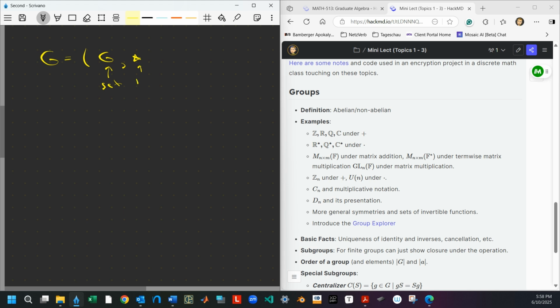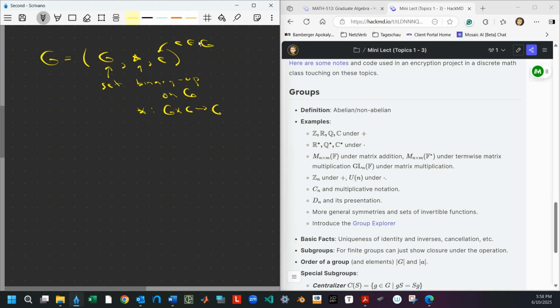So star will be a binary operation on G. What does that mean? It means that star is a function from G cross G to G. And E will be an element of G.